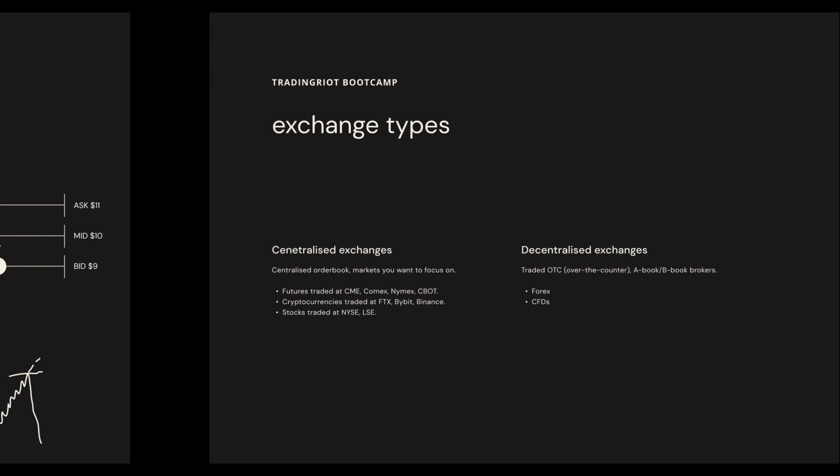Crypto by itself is a decentralized market, but it's traded on centralized and decentralized exchanges, and the important thing here is that they have a public order book. Although there are OTC trades done in crypto, which is the way forex is traded.